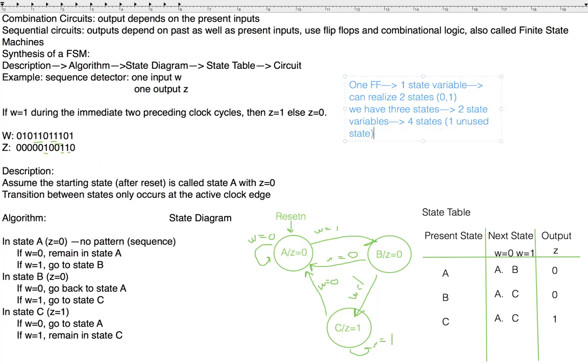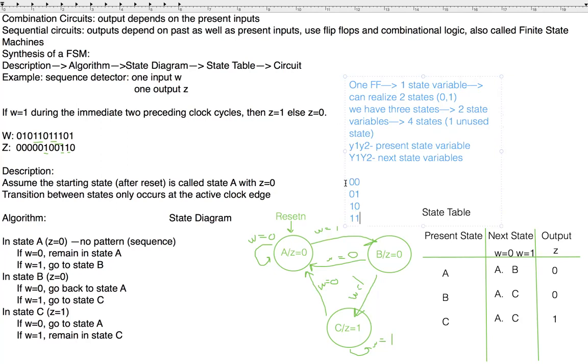And then what we're going to use is lowercase y1 and y2. Those are going to be the present state variables. And then capital Y1, capital Y2, those are going to be the next state variables. Because we have to declare what each one's going to look like in our table, since we have 4 states, I'm going to just use the values 0 0, 0 1, 1 0, 1 1.